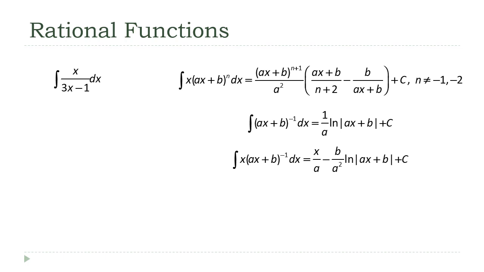So if you look at the first one here, you might be tempted by this because if n was negative 1, then this would become x over ax plus b, which is very similar to our integral, right? But you got to be careful. There is this restriction over here that this formula does not work when n is equal to negative 1.